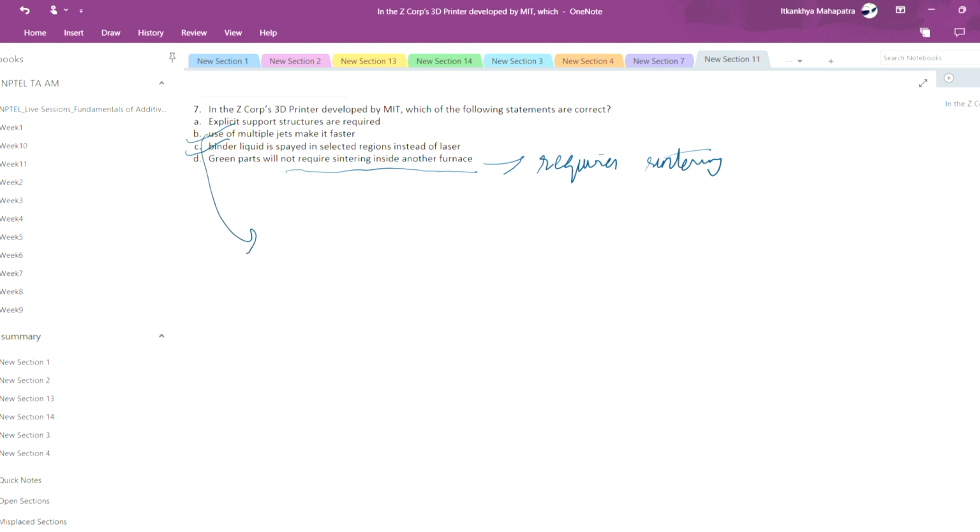Why does this make it a faster process? Binder is sprayed through thin nozzles.